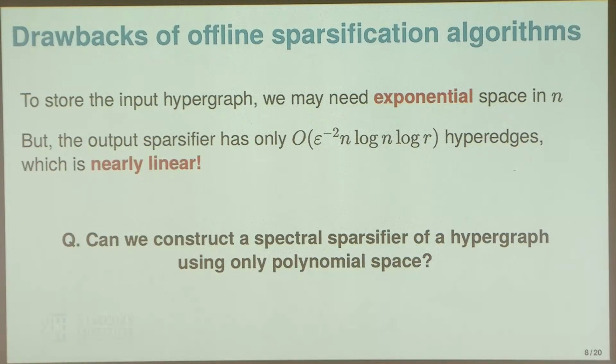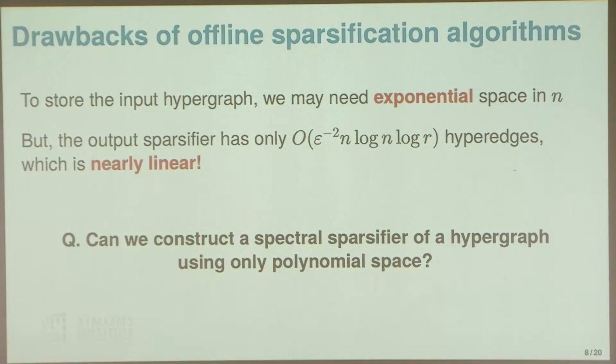This is a very nice result, but there are some drawbacks. Your output is going to be a weighted hypergraph with few hyperedges, but the input size can be exponential. If you look at those previous algorithms, you need to keep the entire hypergraph in memory.